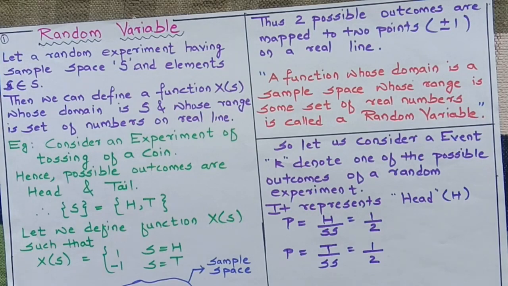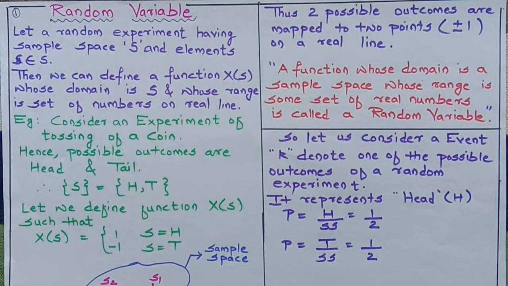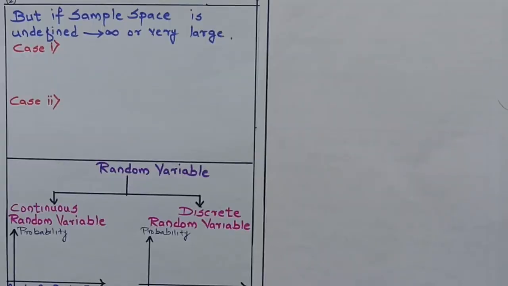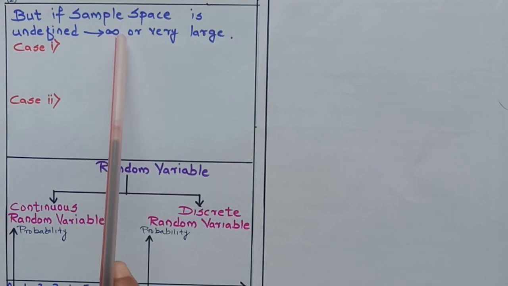So here the probability of an outcome is defined, because the sample space is defined. But if the sample space is undefined, it means it has a very large number, so we can say it tends to infinity. So what would be the case?